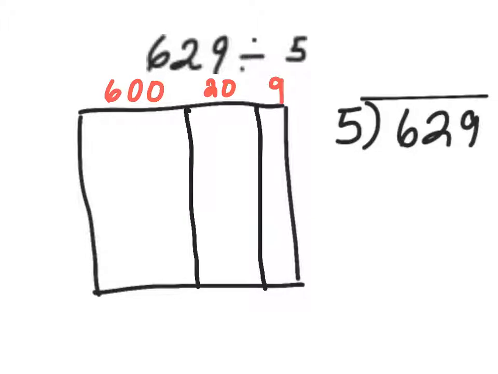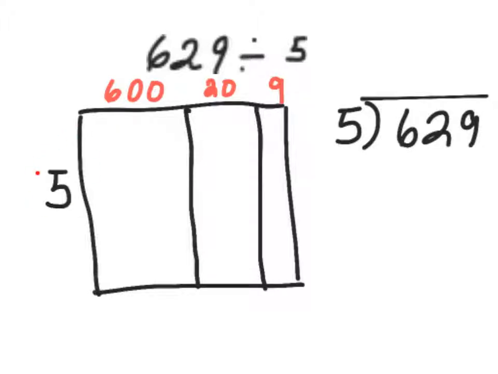I place my divisor outside the box, or outside the area. So now I want to find the values that equal each and subtract it. And I will show how it works with the division algorithm as well.